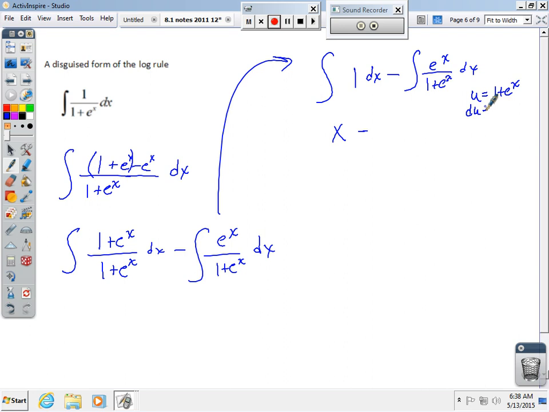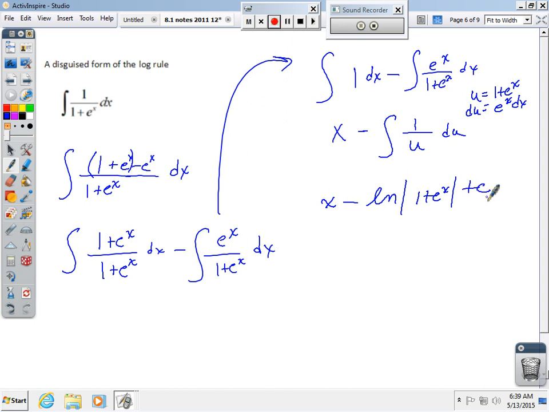The derivative of 1 is 0. The derivative of e to the x is e to the x dx, and that matches the numerator. So now I can rewrite this as the integral of 1 over u du. So that's going to be x minus the integral of 1 over u, which is the ln absolute value of u, which is 1 plus e to the x, and then plus c.